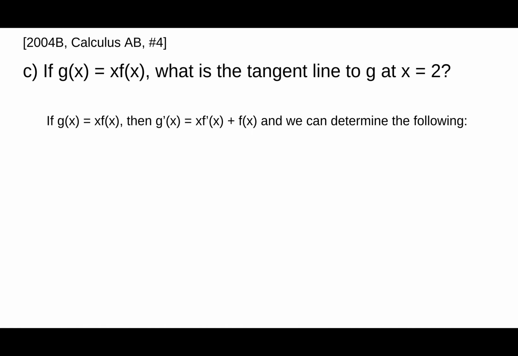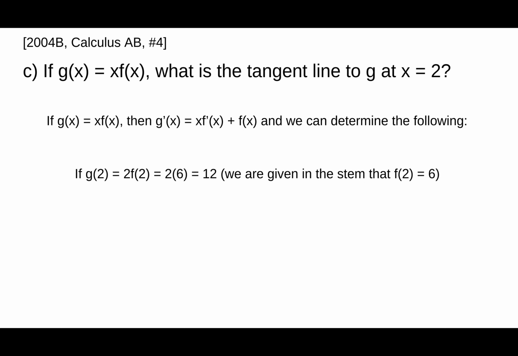It's given in the given information that f of 2 is 6. I can find an equation for g prime of x by differentiating x times f of x using the product rule. So I have a general rule for g prime of x, that's x times f prime of x plus f of x. And now we can determine g of 2 and g prime of 2.